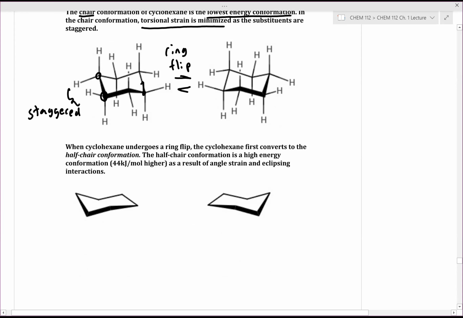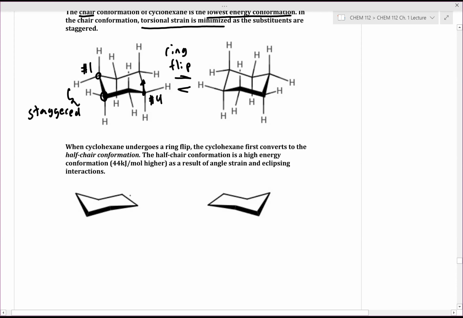The carbon that's pointing down, which we're going to arbitrarily label as carbon number 4, moves up slightly. So now you have a large number of carbons in a flat plane with one carbon pointing up above the plane. We'll label this as carbon number 1. This conformation is known as the half-chair conformation.